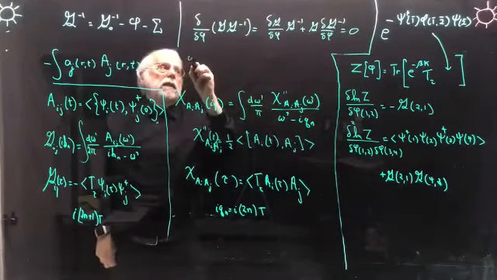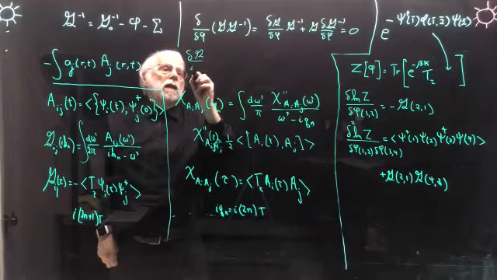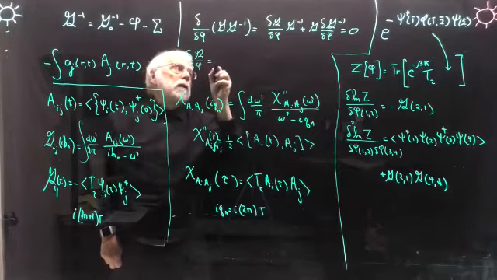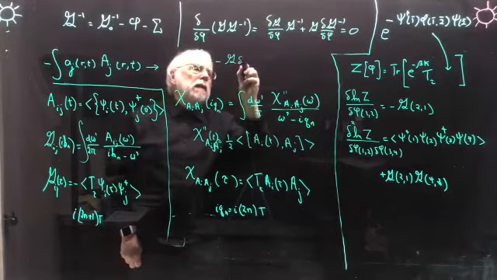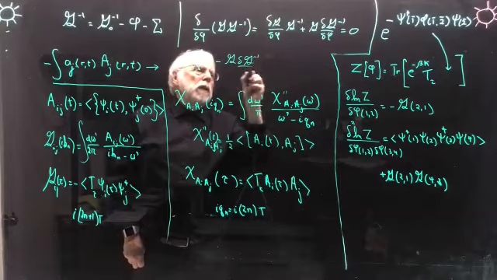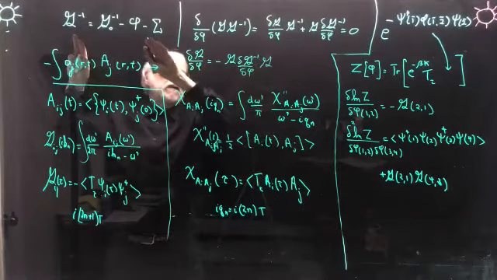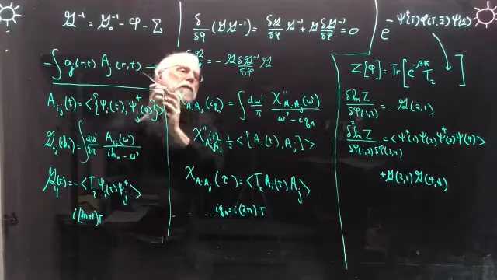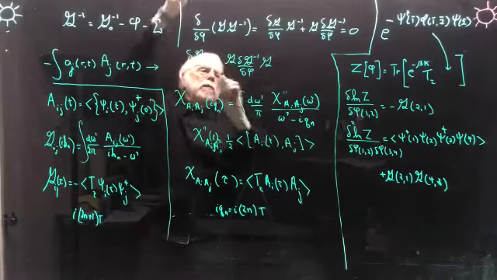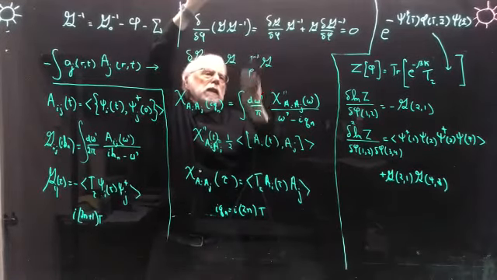So delta G over delta phi is equal to minus G delta G inverse over delta phi times G. And G inverse I have here, so I can functionally differentiate with the phi here. So that gives me the GG.